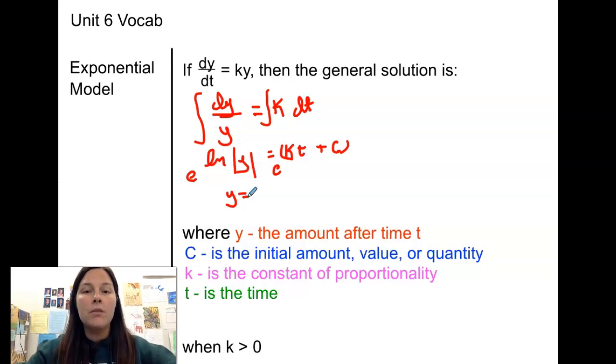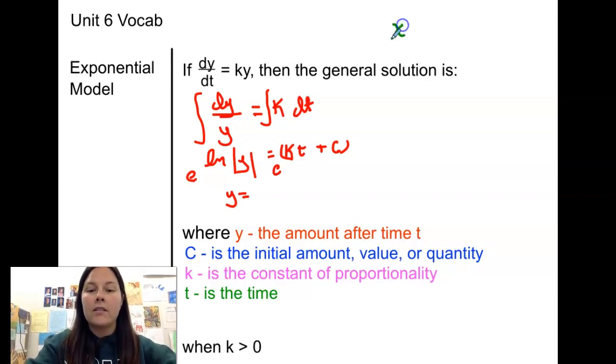So now we're going to be using our exponential rules backwards. Think about if we were adding the exponents, where did it come from? It came from multiplication. So real quick, I want to remind you that if we have x squared times x cubed, in order to simplify that, we would add the exponents.